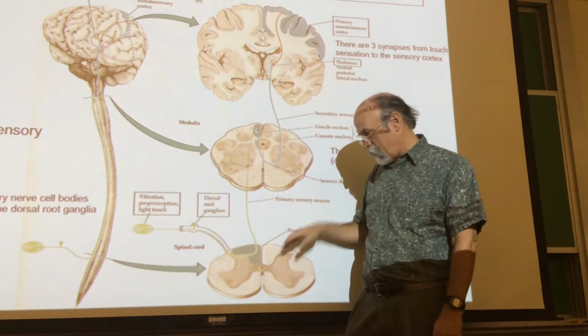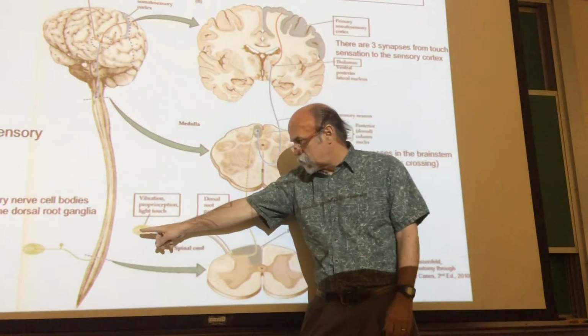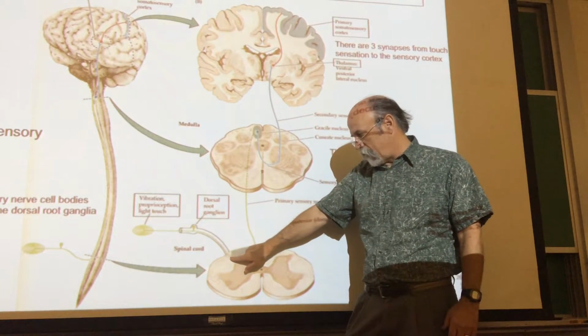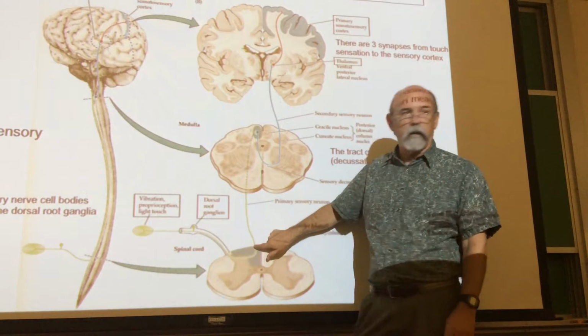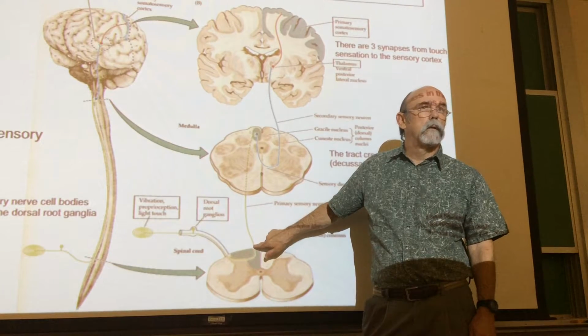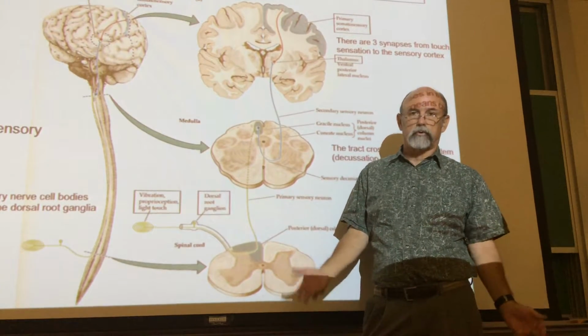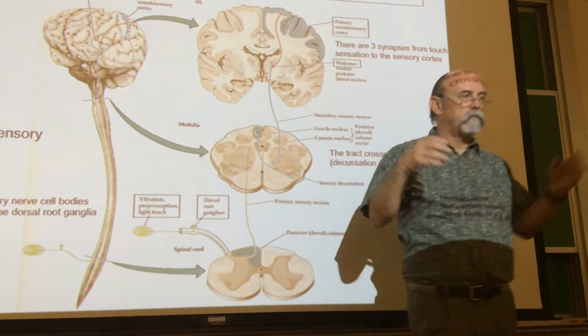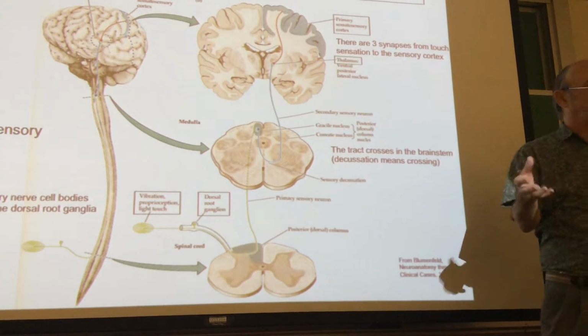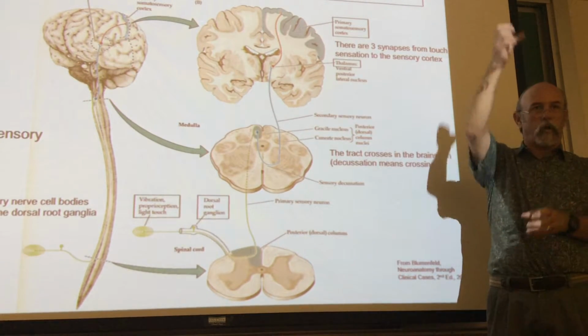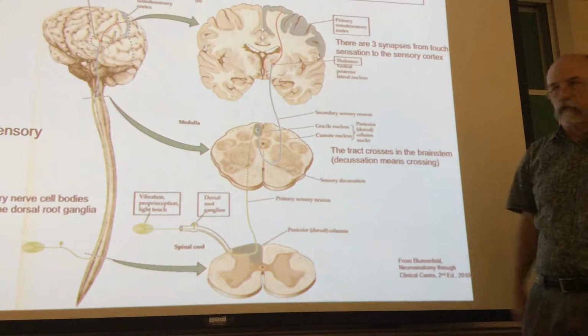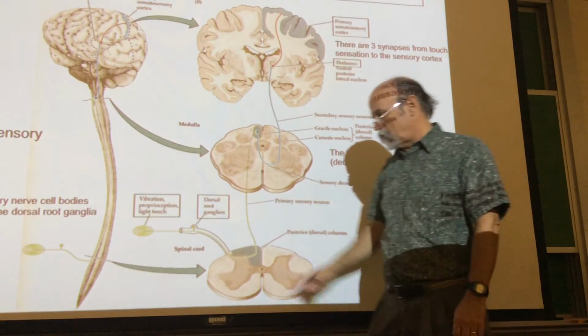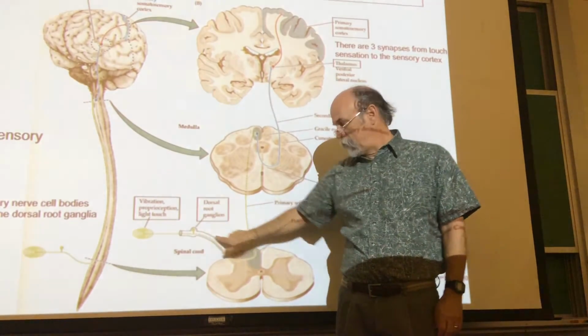You're looking down on it. This is the back, dorsal. You can see the axon coming in and going into the dorsal column. Column refers to the fact that it's a dorsal tract. That's what we call gross anatomy. You just look at the feature as this column of fibers. It's going through the dorsal root.